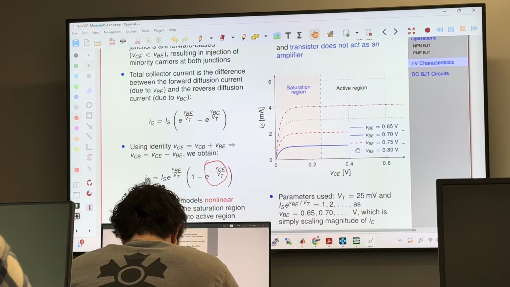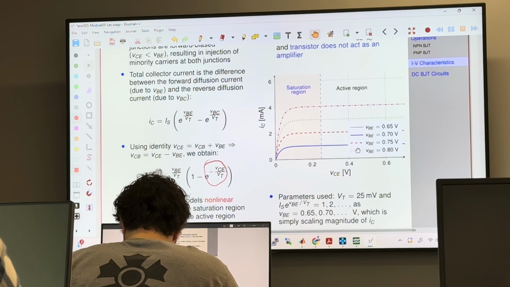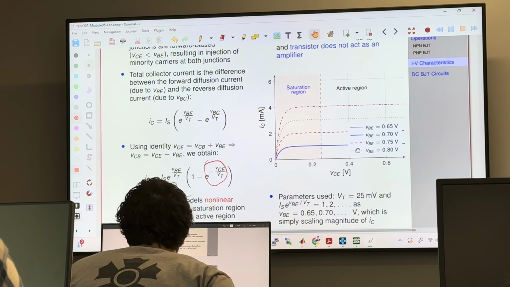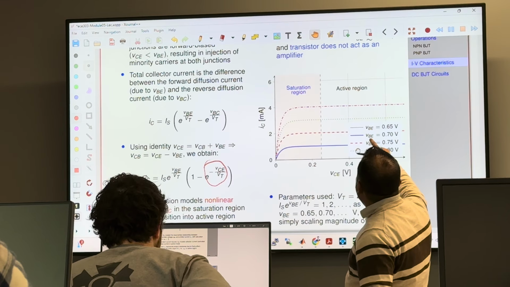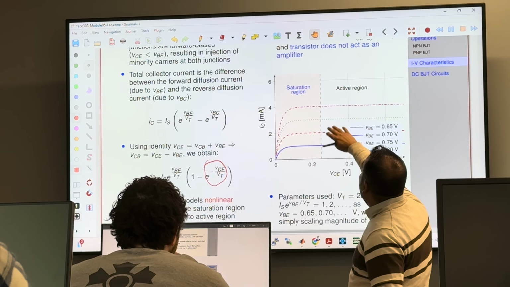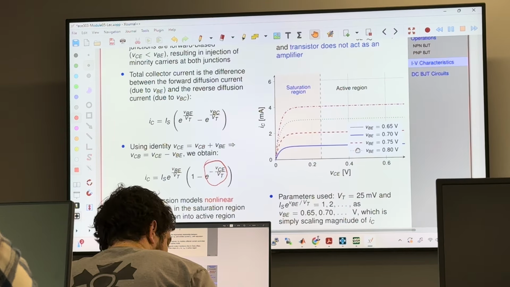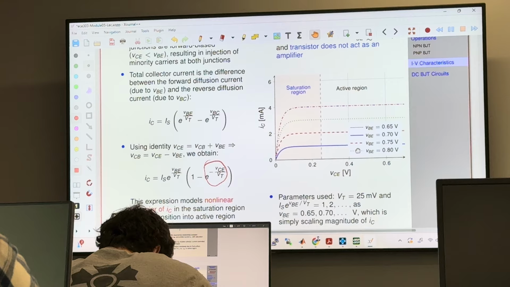So on Thursday, please bring your laptop, or we'll be using our laboratory to make sure you understand the primary sweep and secondary sweep. Primary sweep is going to be VCE, secondary sweep is going to be VBE. So we will be drawing these characteristic curves for the transistor that we have in the laboratory.